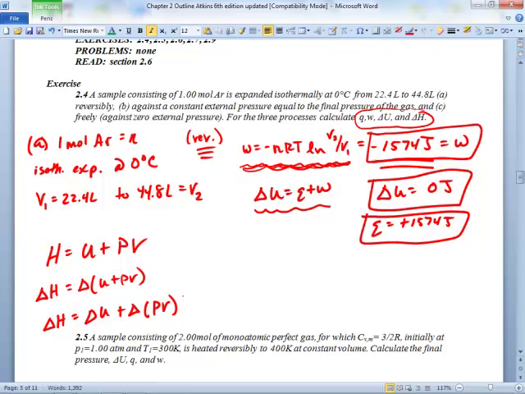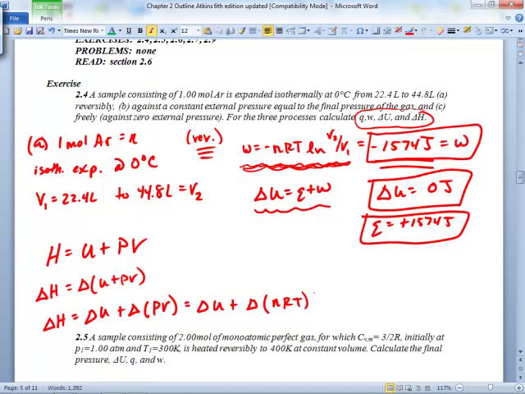Now, how pressure is changing and how volume is changing, right? What is PV equal to? nRT. This is the easy way to do it. It doesn't look easy, but it's going to be easy.